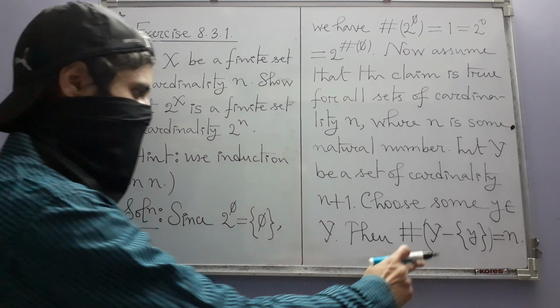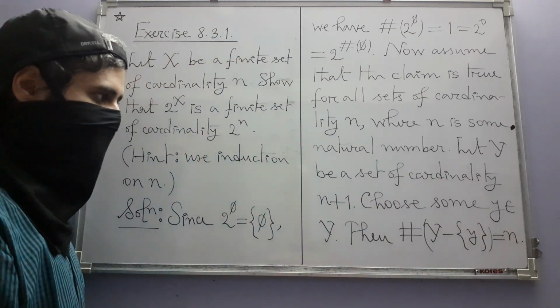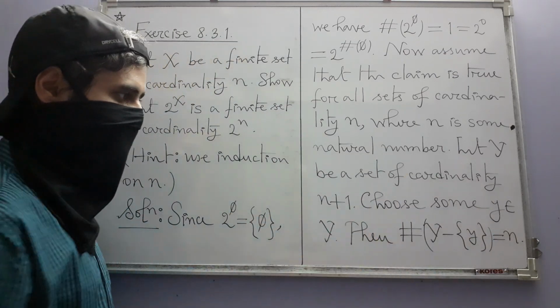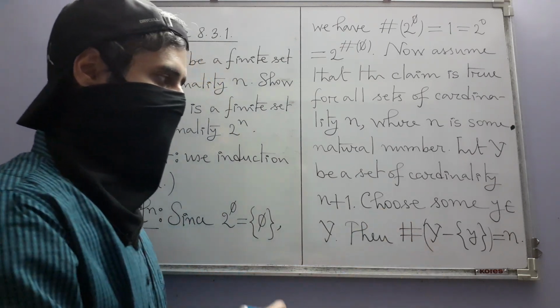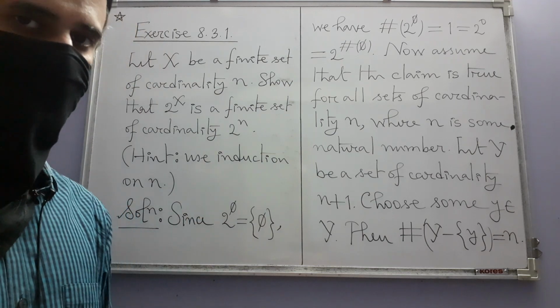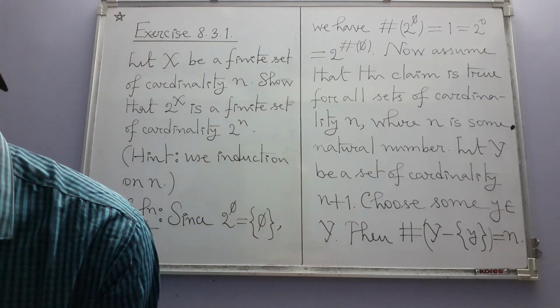So now we have a set whose cardinality is n. So we can apply our induction hypothesis on this set. Its power set will have cardinality 2 to the power n. So that is our induction hypothesis.